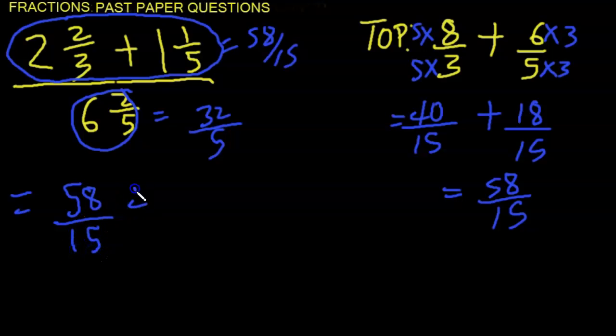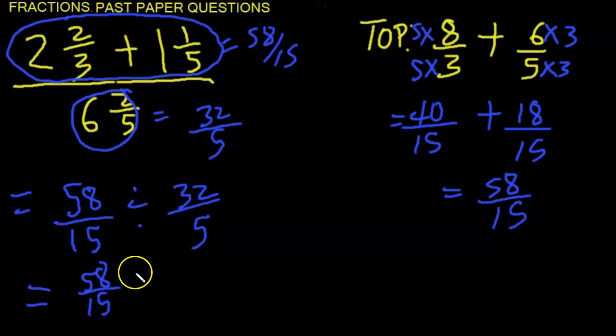And down below, the 6 2/5 works out to be 32 over 5. Hence, we have 58 over 15. I will change division to a multiplication, and 5 over 32. And what a lot of persons will do from here is divide 5 into the 15, and you'll end up with 3. But let's stick to what we've been doing.